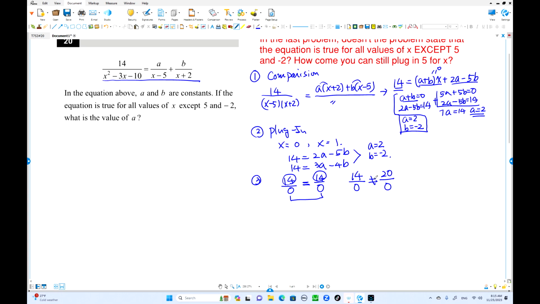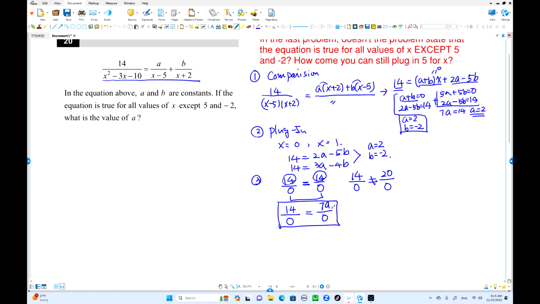But still, we can use undefined. For example, when x is 5, put this number 5 there, okay? 14 over 0 because that is undefined. The numerator should equal 14 anyway, okay? 5 plus 2 is 7a, over 0, right?